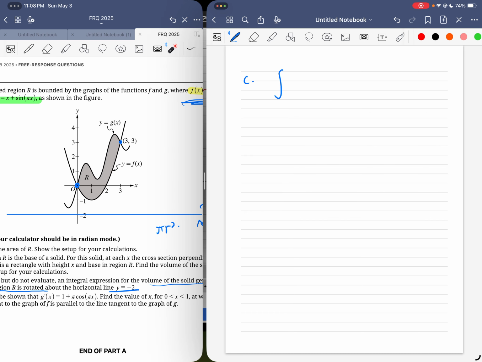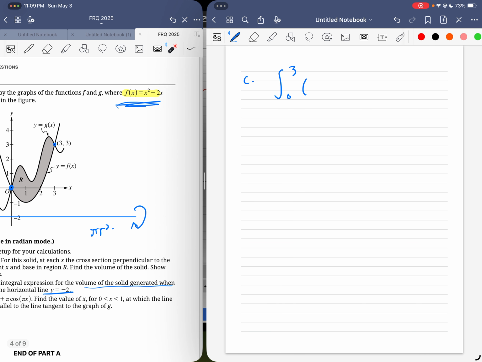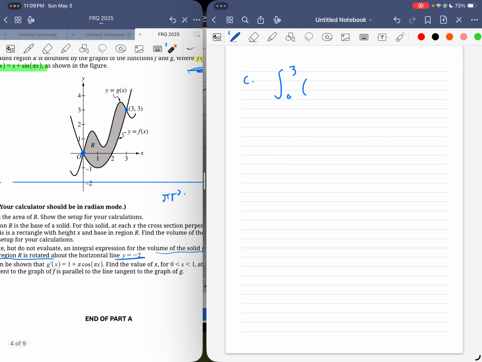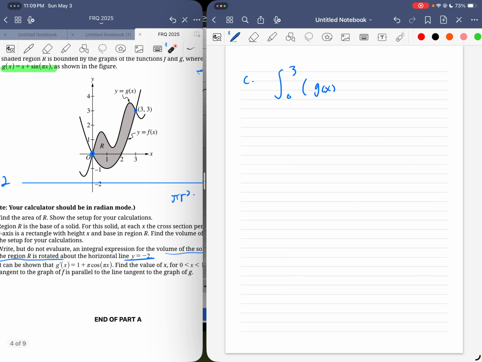So antiderivative of 0 to 3. Again, in 2024 we did this minus this, because that one was on the top. But now this one is at the bottom, so it's going to be different. Our radius is going to be, first, we use g because g is on top, right? So g of x minus that number, which is -2, which becomes positive, squared, minus the same thing, f of x minus -2 squared.